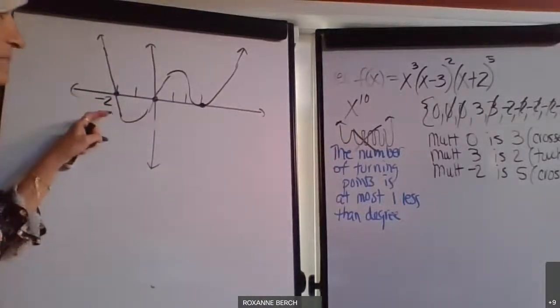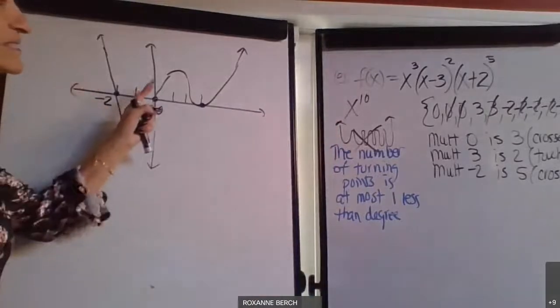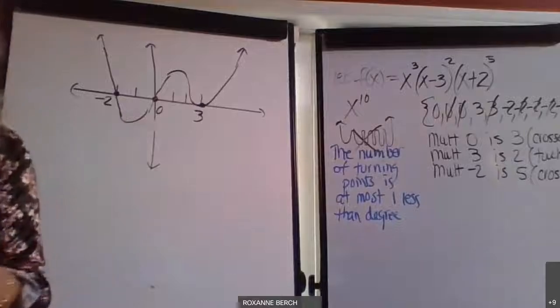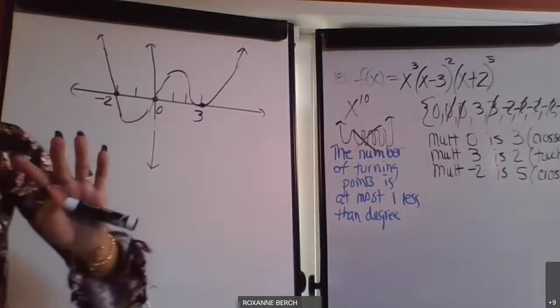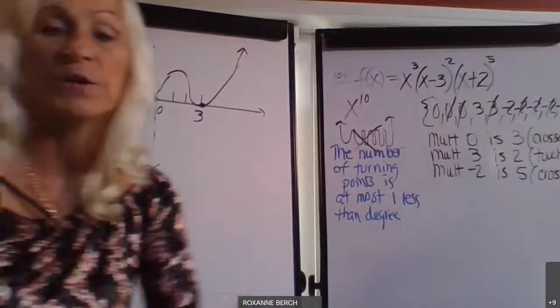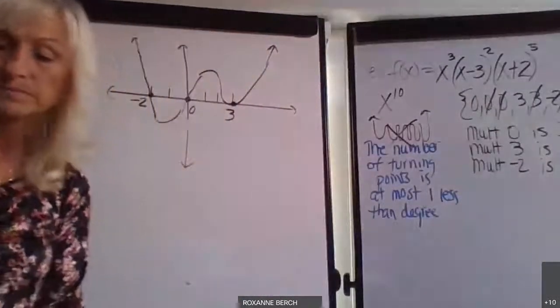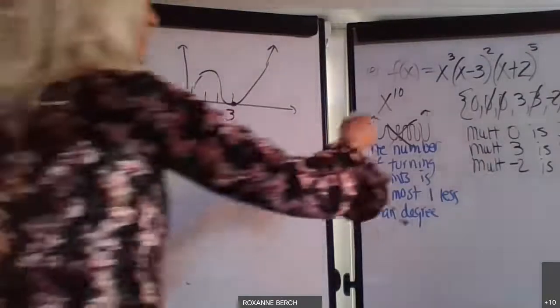It's going to cross. At 0, it's going to cross. And at 3, it's going to touch and turn. You following me or no? Yeah. Okay, we're not going to do the intermediate zero theorem. Now what we're going to do is use everything we learned to graph.